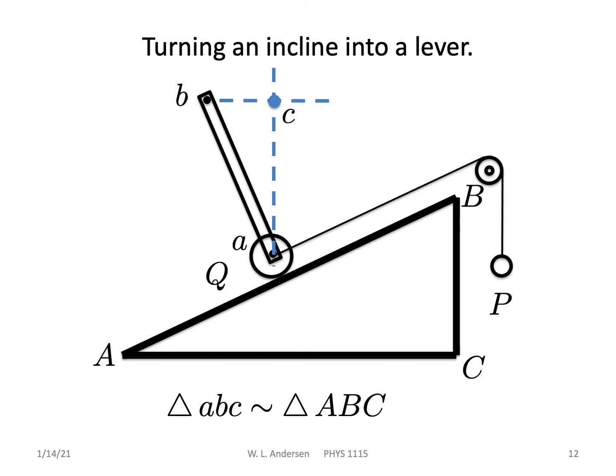There are probably a number of ways of showing this. I'll let you invent your own, or you can just take it as intuitively acceptable that these triangles are similar.